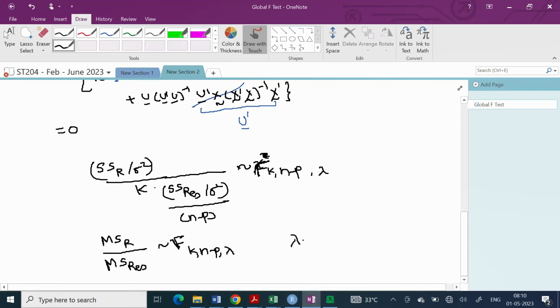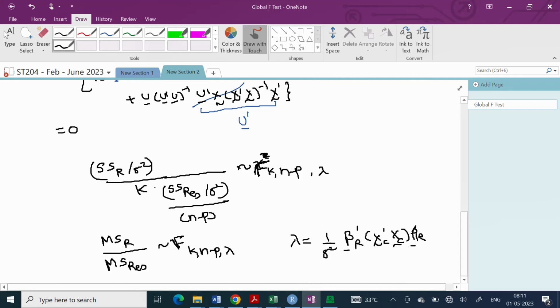Our lambda is 1 upon sigma square beta R prime, where beta R means the coefficients corresponding to regressors, then Xc prime Xc beta R. So when I want to test for overall regression under H0, all betas are supposed to be 0. Hence my beta R vector becomes a 0 vector, and my non-centrality parameter becomes 0.